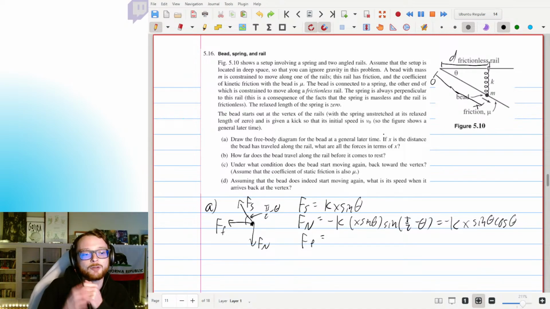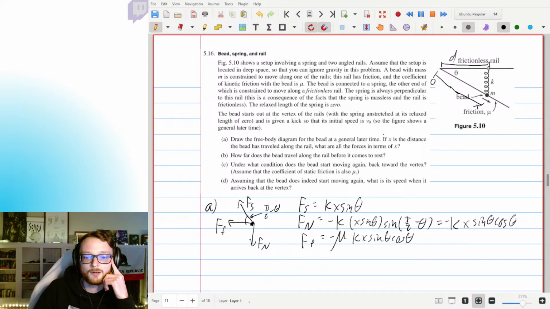So what about friction? It's mu, we're given for the kinetic friction, times the normal force. I kind of hate the sine theta cosine theta thing, but it's what we get.